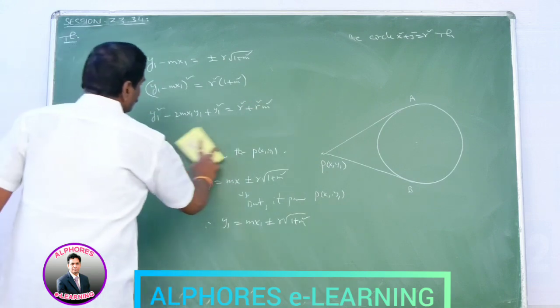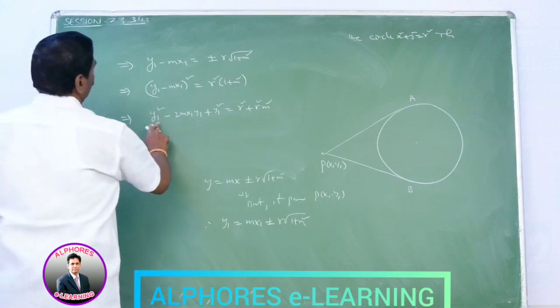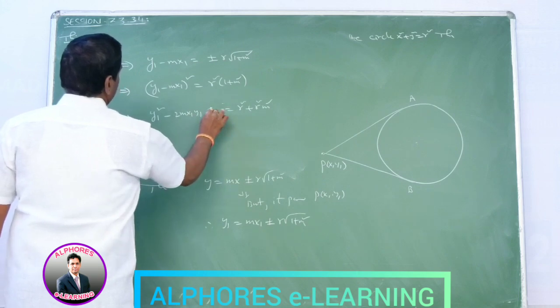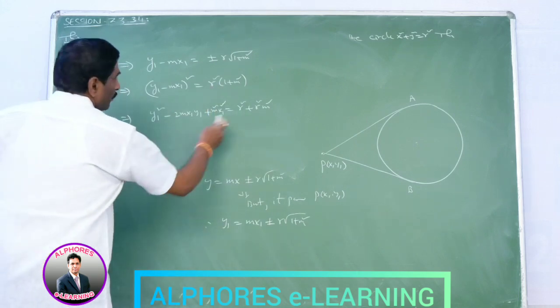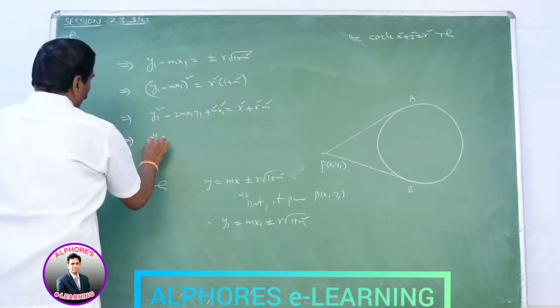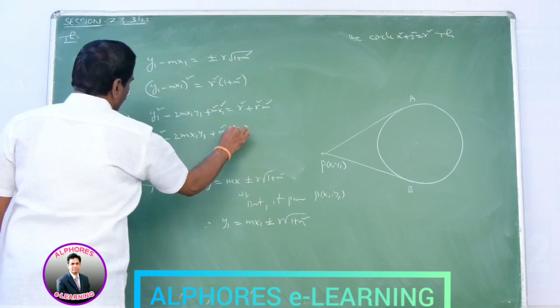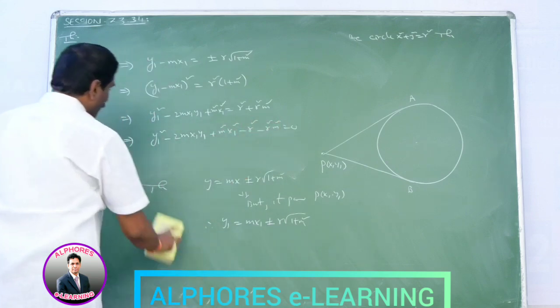Okay. Move these values to LHS: y1 square minus 2mx1y1 plus m square x1 square minus r square m square is equal to 0.